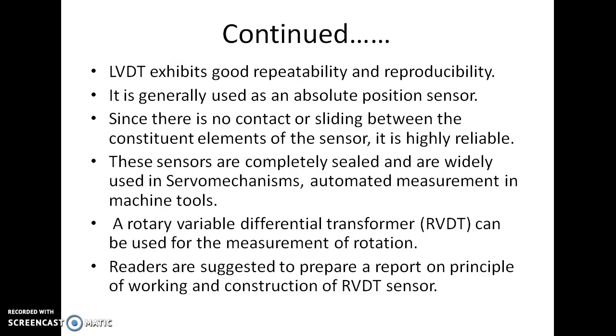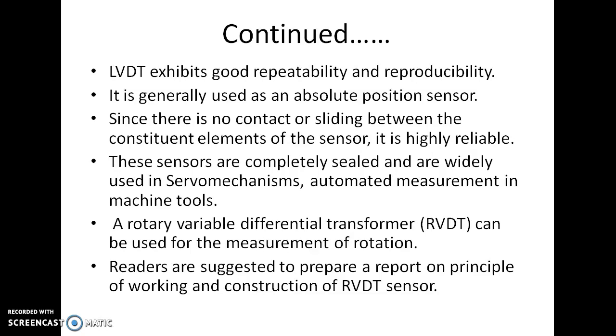LVDT exhibits good repeatability and reproducibility. It means whenever you take different numbers of readings, the output we get is quite similar for each reading. It is generally used as an absolute position sensor.